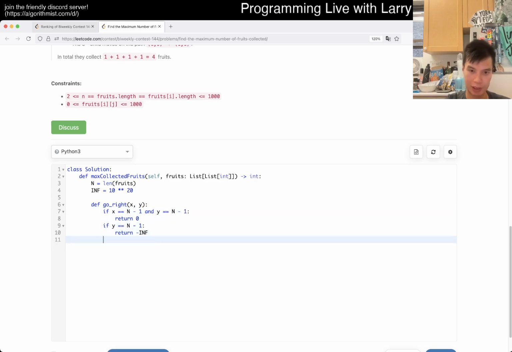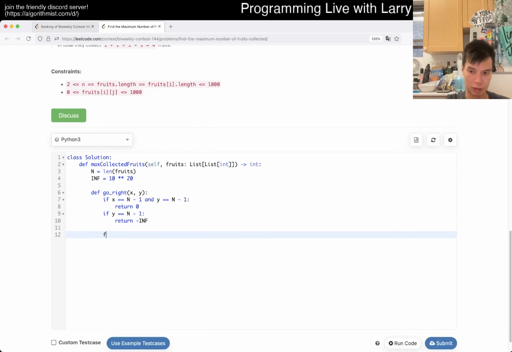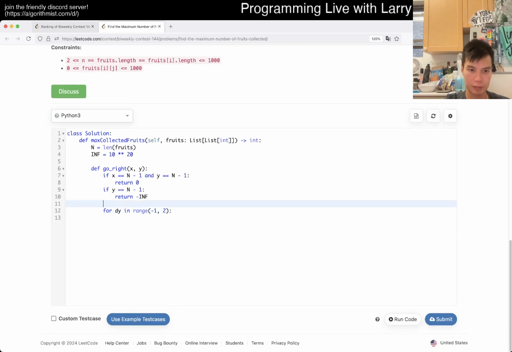Okay, so we have this, and then now we're just going up, right, and yeah. And we don't want to do the diagonal, right? So actually, yeah, we could undo the math.